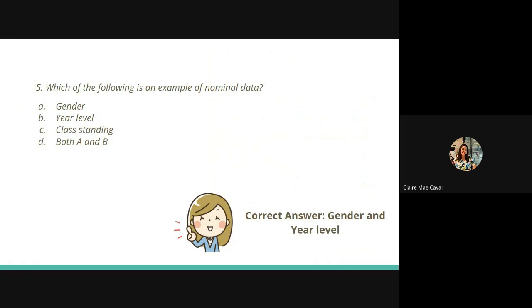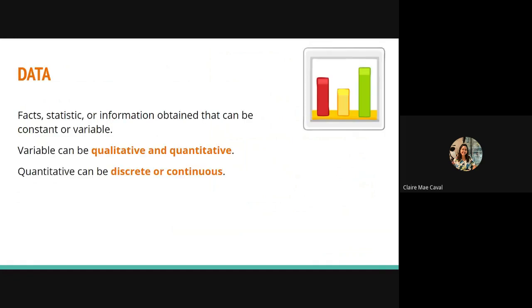So we will discuss what is data first. Let us first define data. Data are facts, statistics, or information obtained that can be constant or variable. So that is your data. Constant means it cannot be changed, while variable, it varies or it can be changed. Okay, that's only the very basic definition that you have to remember, what is constant and what is variable.